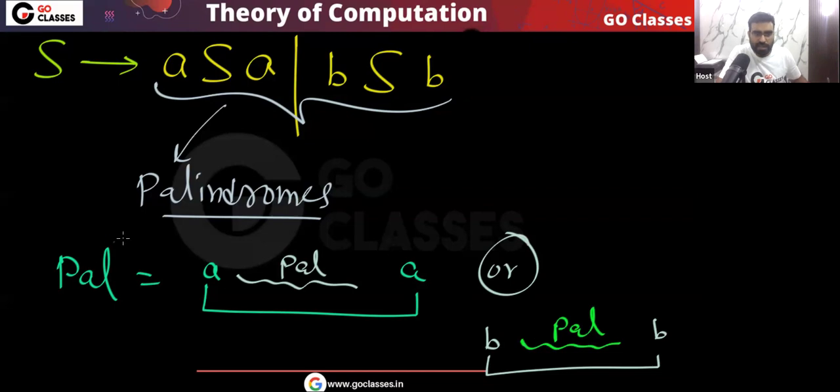Now notice what I am saying. This palindrome you replace with S. This you represent by the variable S. If I replace this by the variable S, then what will I get?